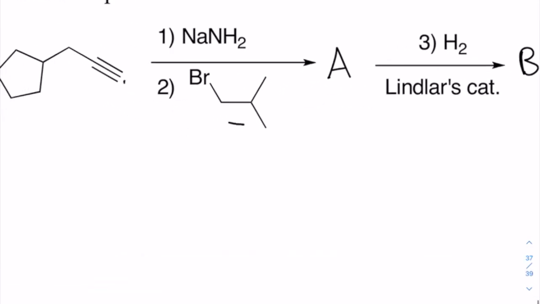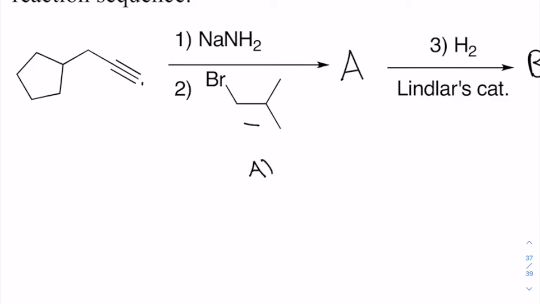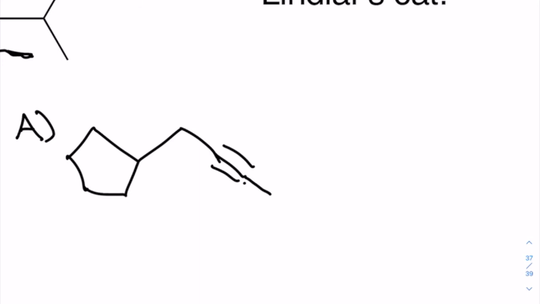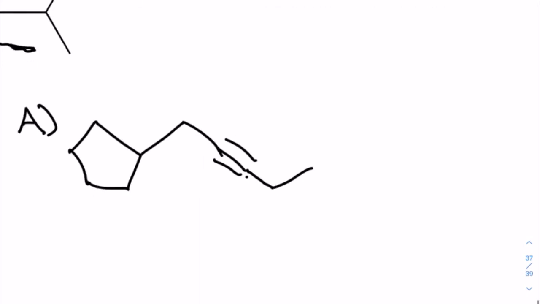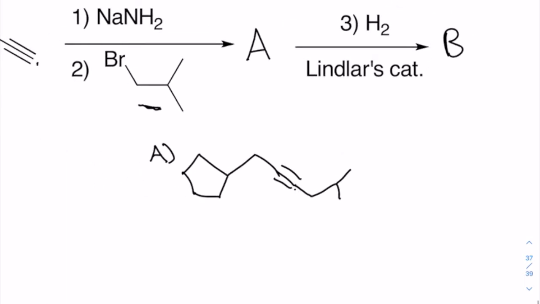So our A product, we'll draw out our starting material. And then we're going to add this carbon chain onto the end of the triple bond, right? So that Br will get pushed off, and we're going to be left with that very poorly drawn carbon chain.